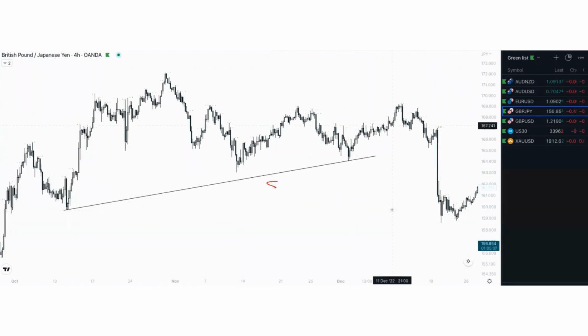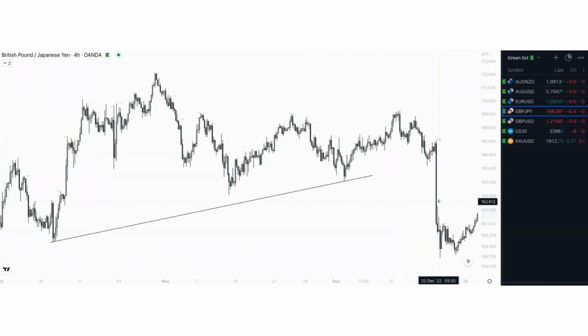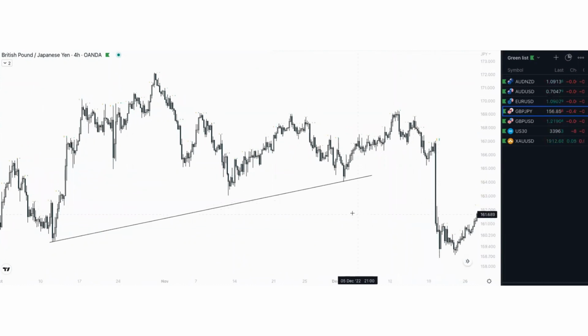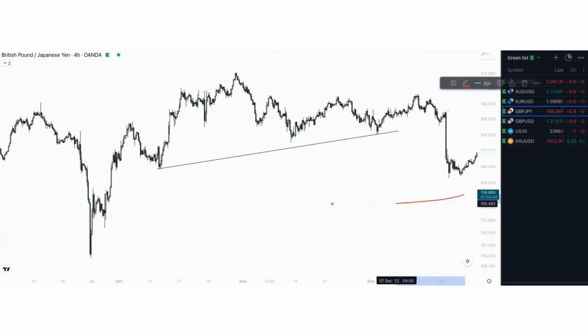That's the example of liquidity, because big banks or the financial markets are always looking at the possibility of where the stop losses are, and then go to those stop losses, and then have a big move afterwards.